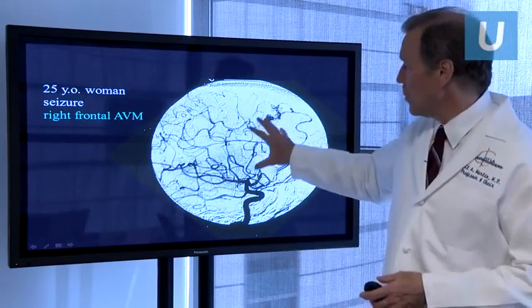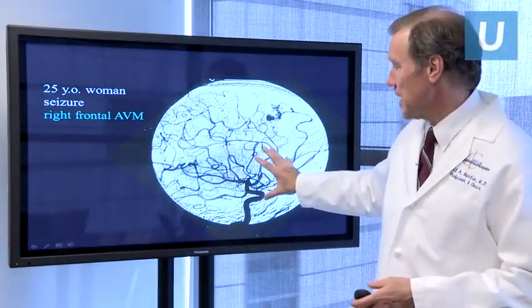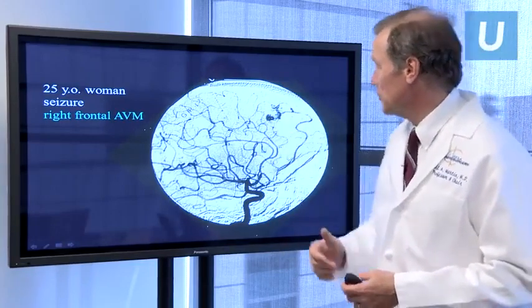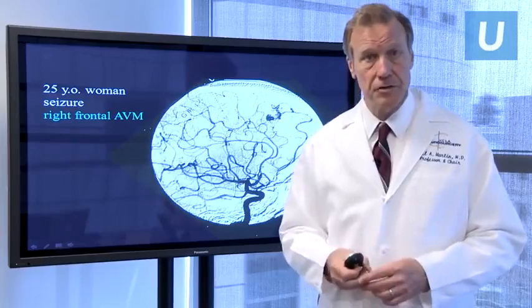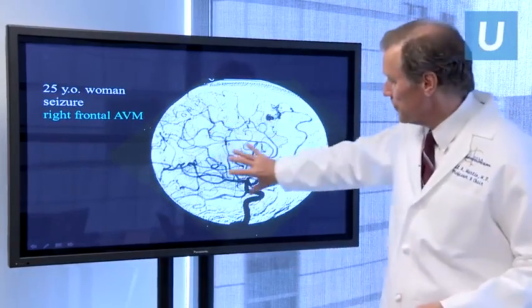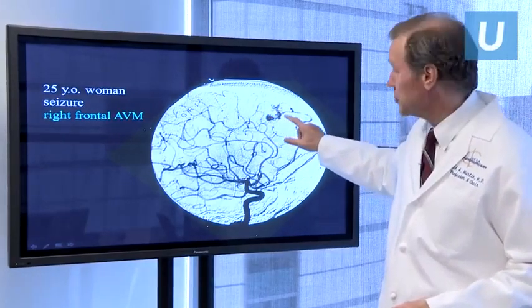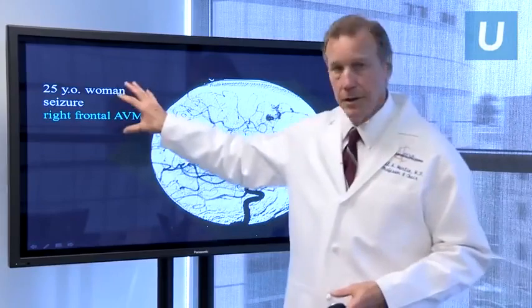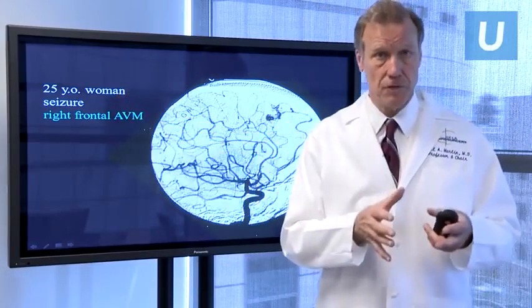Here's an example of a small AVM in the frontal lobe on an angiogram. This is the diagnostic test that involves injecting dye through blood vessels into the brain to identify the AVM. And we can see the normal pattern of blood vessels here and the arteriovenous malformation up on the surface right in this location. This woman had her AVM diagnosed after she had a seizure, a convulsion.